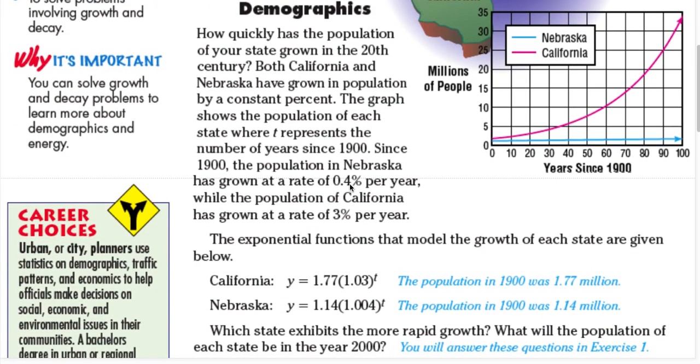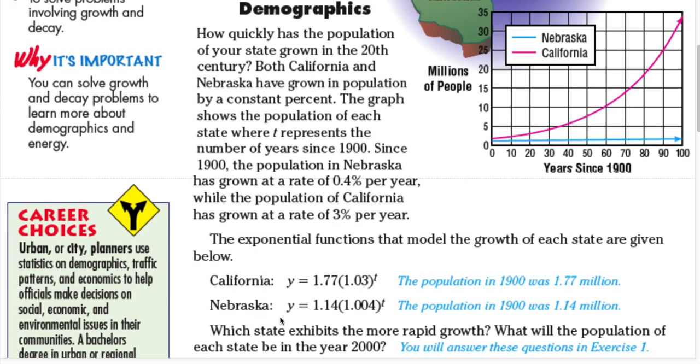So the exponential functions that model the growth of each state are given below. In California, our exponential function is 1.77 times 1.03 raised to the t power. The population in 1900 was 1.77 million, and 1.03 represents the 3% per year.